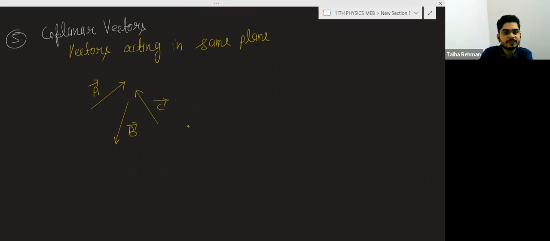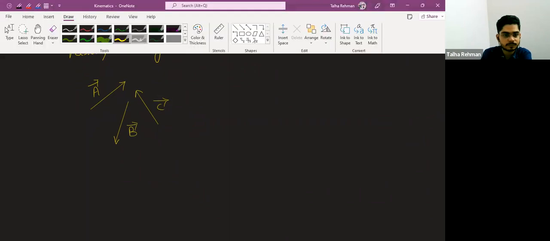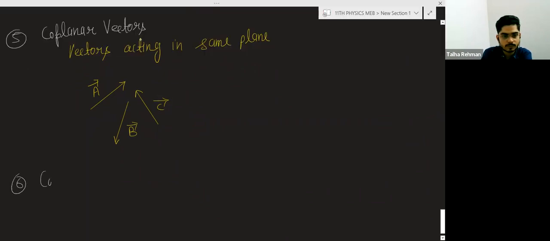Now co-initial vectors. Co means same, initial means start, so co-initial means the vectors have the same starting point.